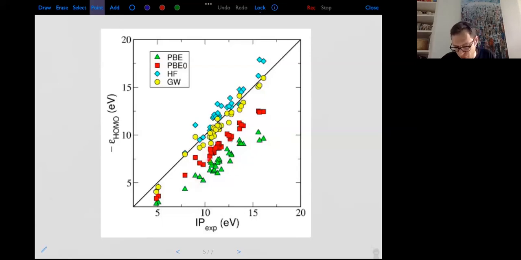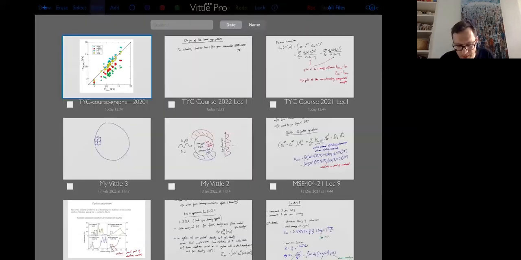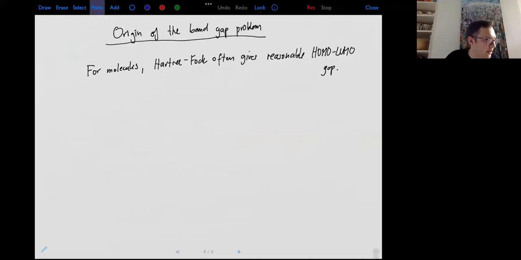PBE is much further from the diagonal, and it's similar for the HOMO-LUMO gaps: Hartree-Fock gives pretty good values compared to, let's say, LDA or PBE. So that's one hint about what type of theory we need to get good band gaps: the observation that Hartree-Fock works well for molecules.